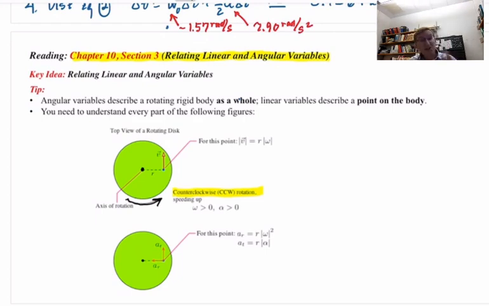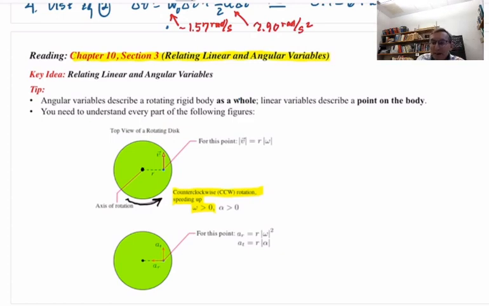Okay? And let me tell you one more thing about this counterclockwise rotation of the disk. Let's just say that while we observe it, not only is it rotating counterclockwise, but it's speeding up in its rotation. It's rotating faster and faster about that fixed axis through the middle. Then I know two important things about the rotational motion. Because it's counterclockwise, the angular velocity omega is positive. I know this next.